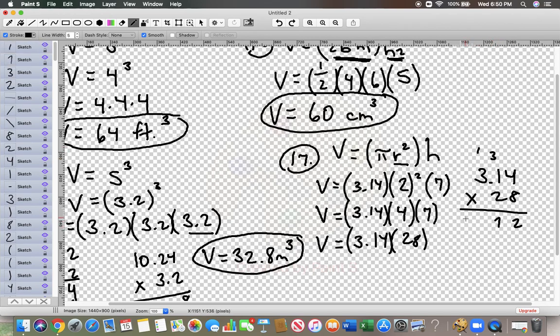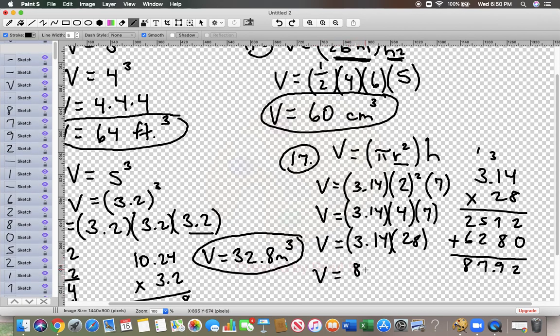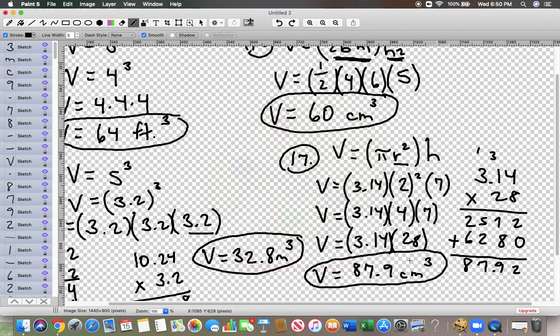Here we go. 2 decimal places. Therefore, the volume of this cylinder is 87 and we need to round to the nearest tenth, 87.9 cubic centimeters. Those are my units right there.